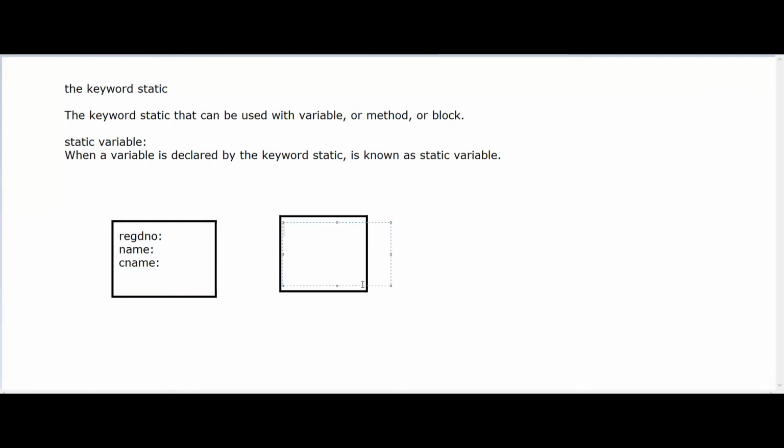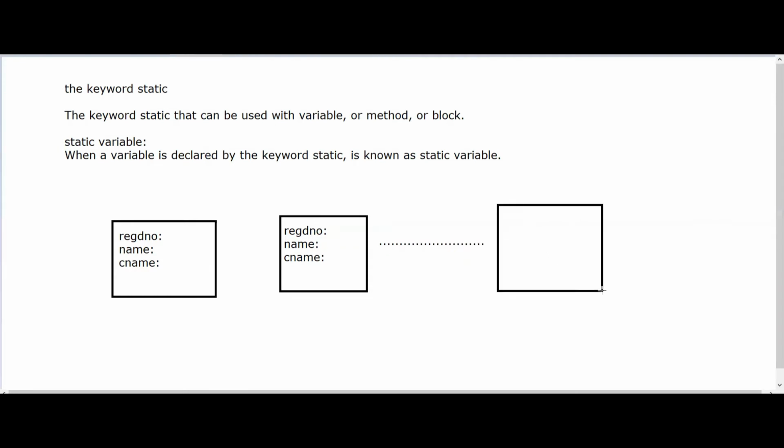Similarly, registration number, name, college name. So I will consider 50 objects to represent 50 students' information. Each has registration number, name, and college name.